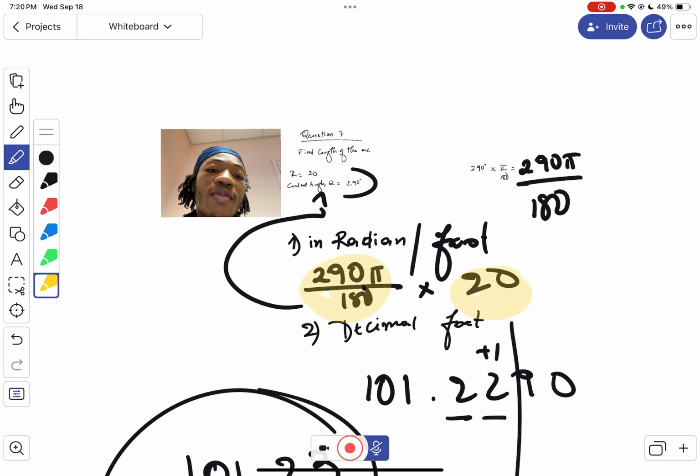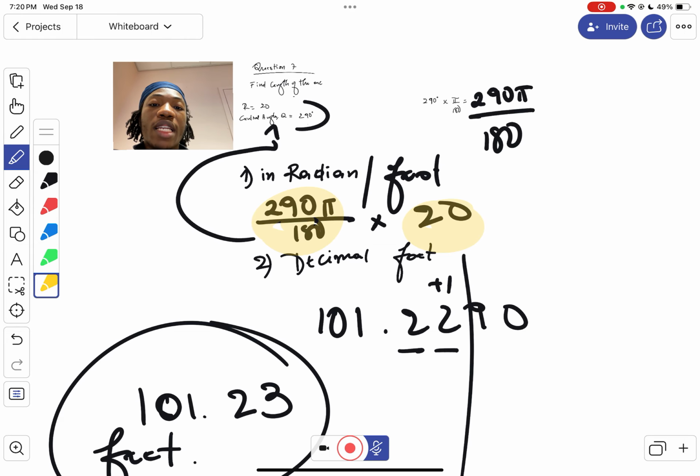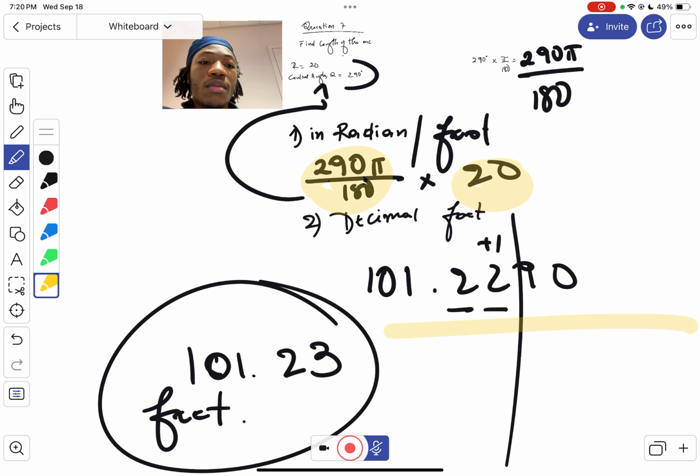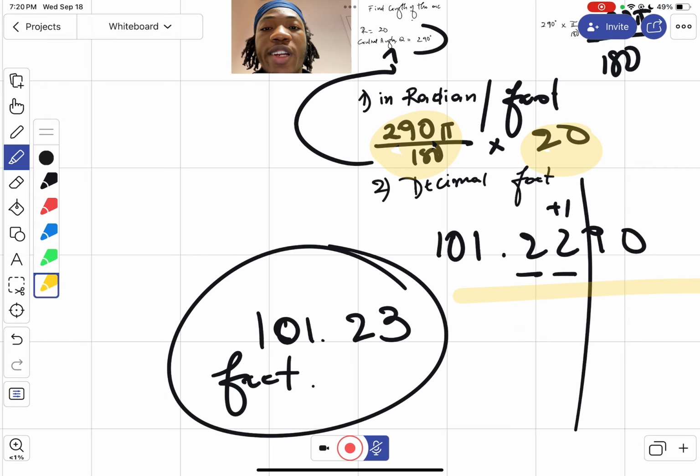We took both of them, we multiplied, and it gave us something like this. And we came back to the question again, and we did what they told us to do, which is to take two numbers after the period. So that's what we did, and we ended up with this final answer when we converted it and also rounded it.